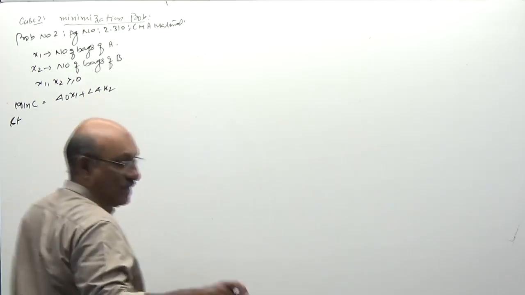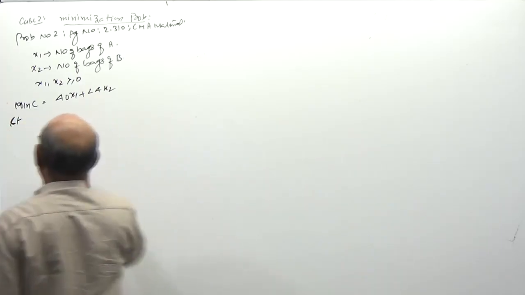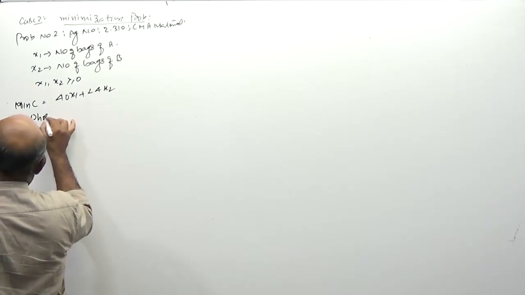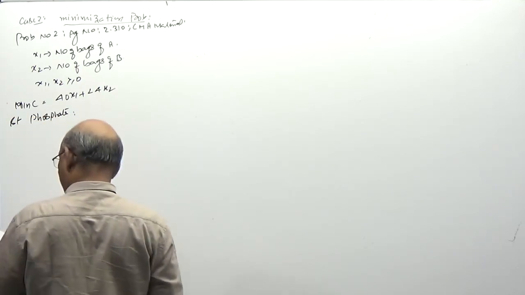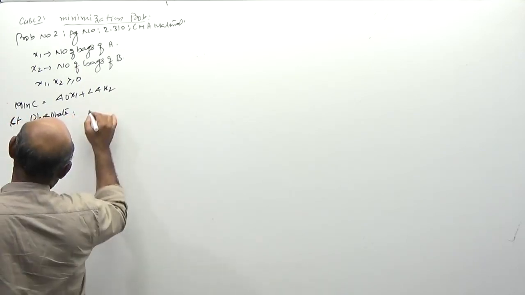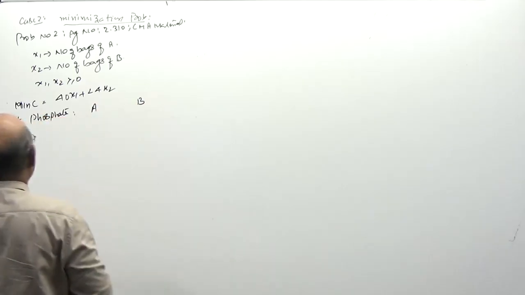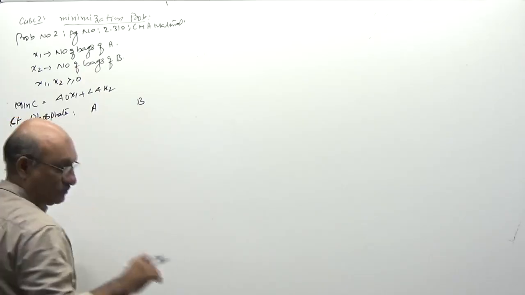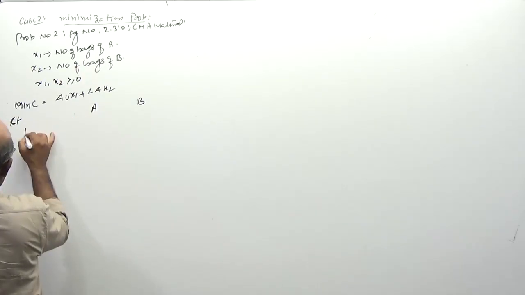So, this can be written as, phosphate, first one. Bag A as well as bag B, both are having, let us say, bag A and bag B. This is phosphate.